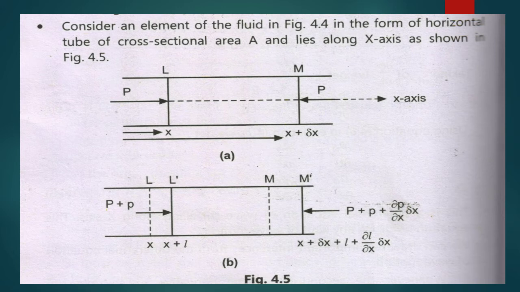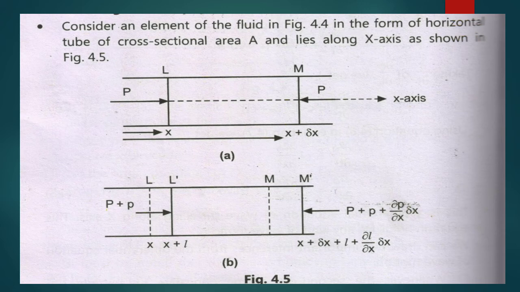When the tube receives the disturbance from the left, it undergoes a small displacement. As a result, the plane L is displaced to L dash and M is shifted to M dash, as shown in the figure. Now the plane L is displaced through l, and the plane M is displaced through some more distance as the medium is compressible.